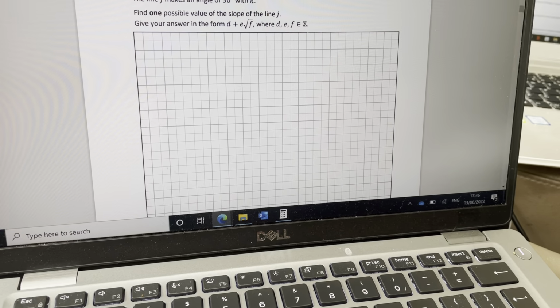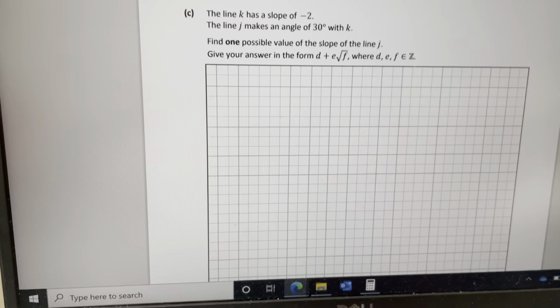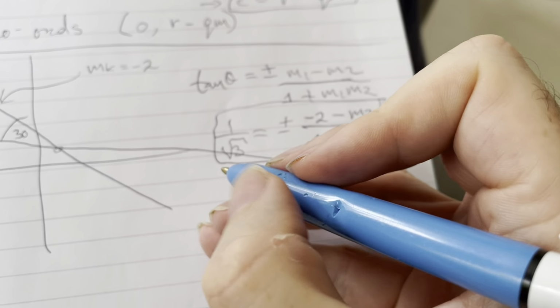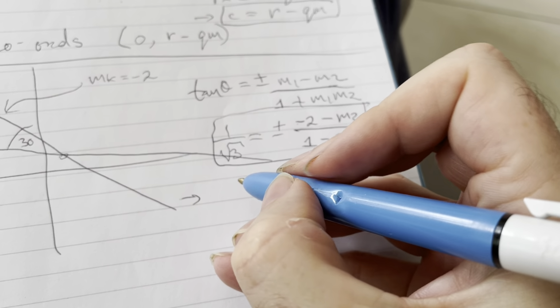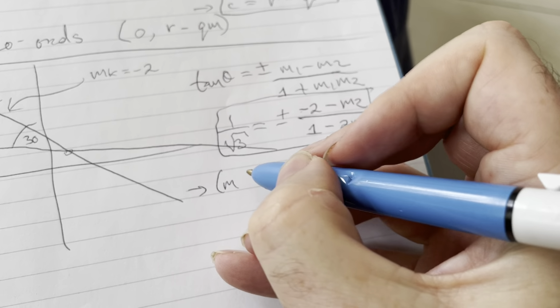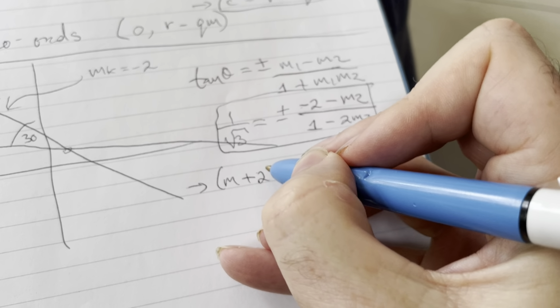Okay, so give your answer in surd format, which is going to be handy because we've got that pesky root 3. So one possible value of this. Now we have m plus 2.